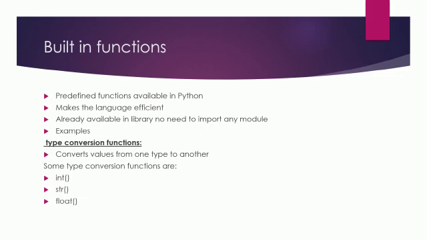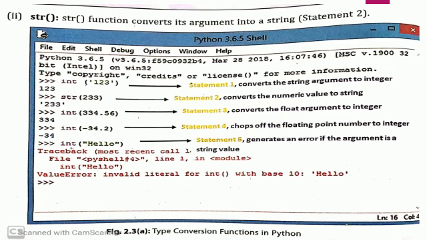Then now we can go to the next thing, that is str. Here is an example of the str function, how it converts. Again, the int function is also given. What does the int function do here?